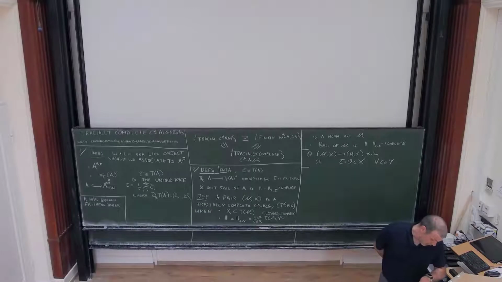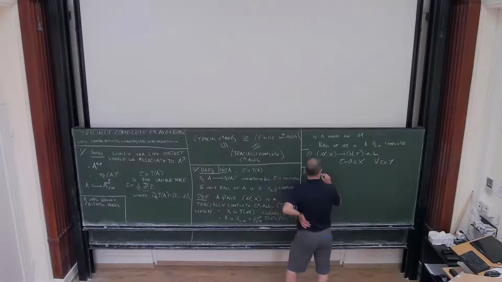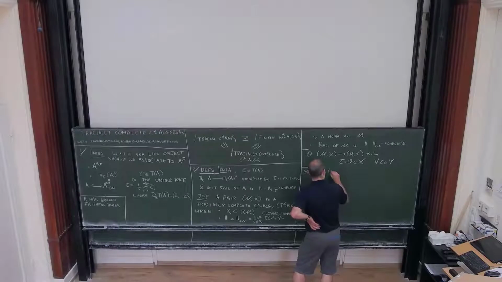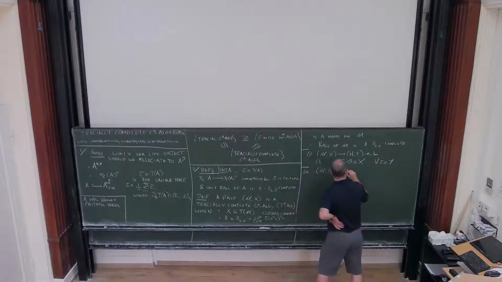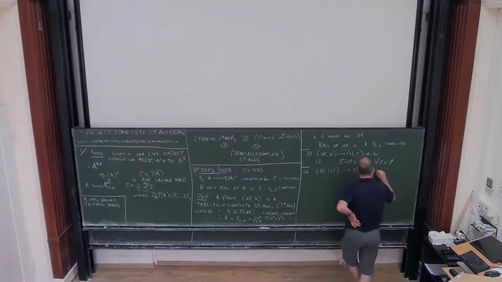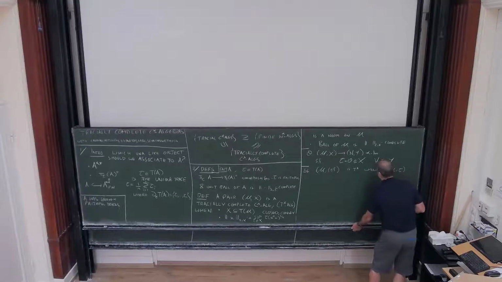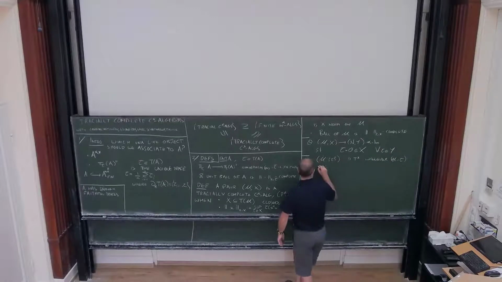Cool, so that's a definition, so we should have some examples. For example, (M, tau) is a tracially complete C-star algebra whenever (M, tau) is a tracial von Neumann algebra, right?